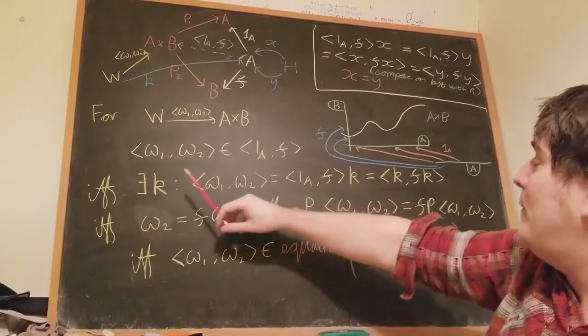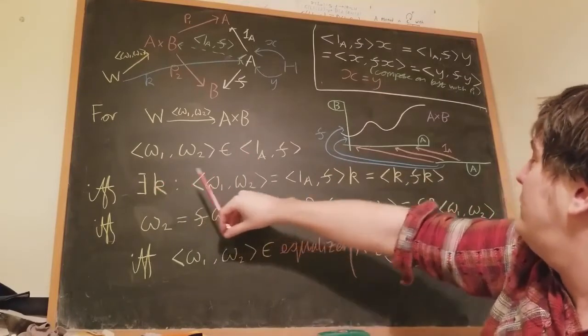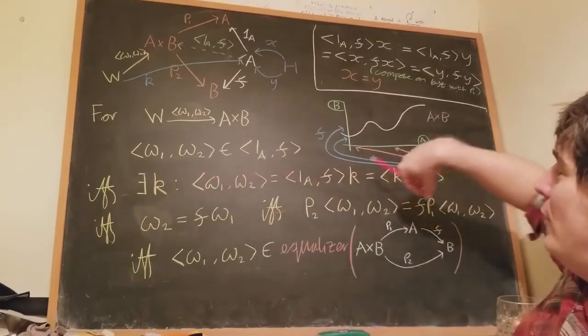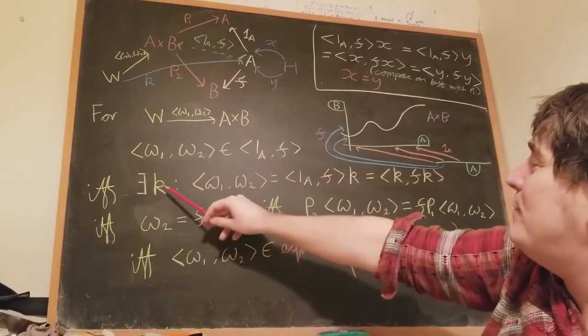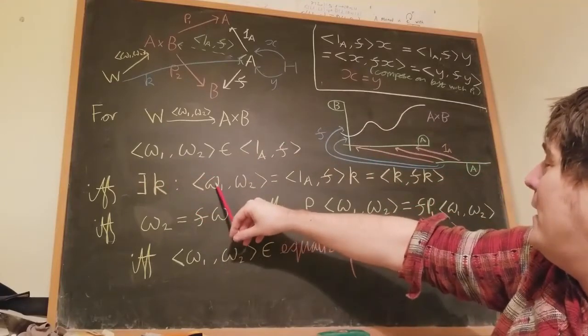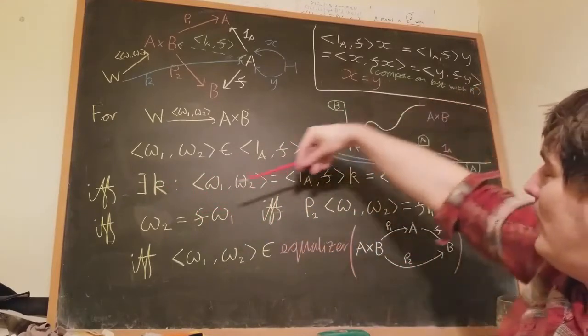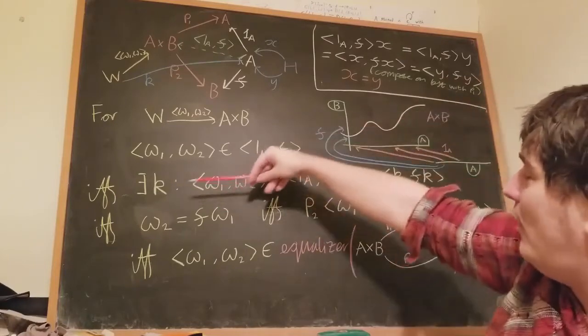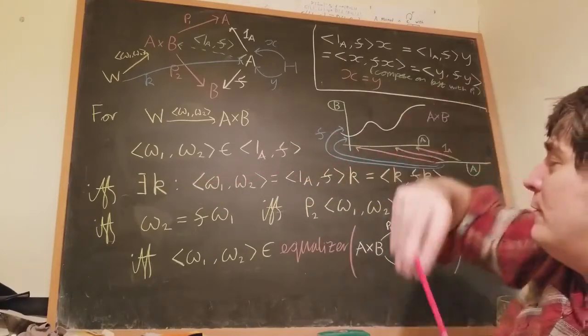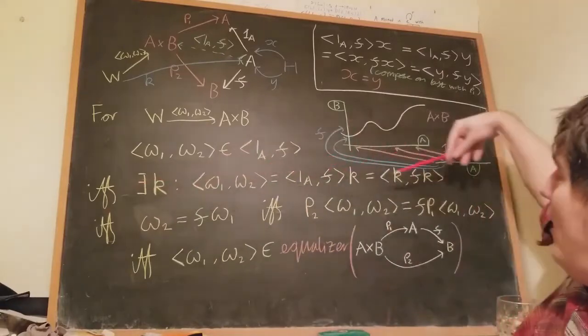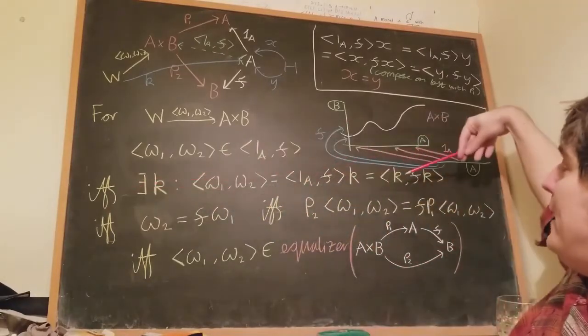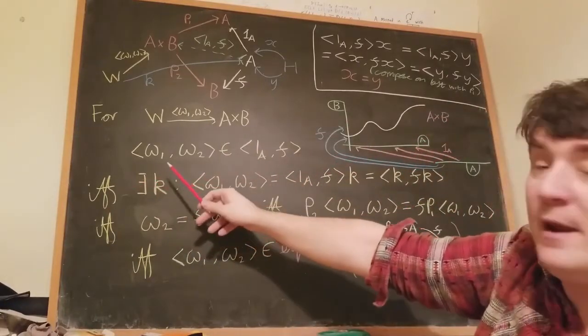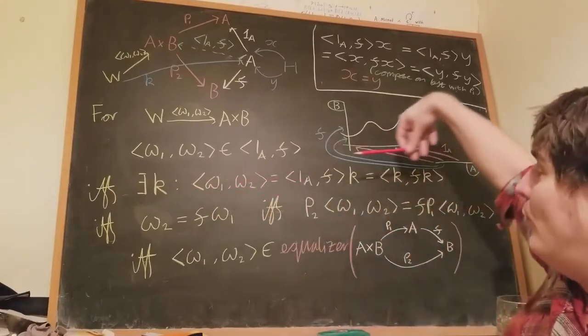So when we say there exists a k such that this equation holds, well, we know that k would have to be W1. The bottom line is that this statement holds if and only if it's satisfied when k equals W1.